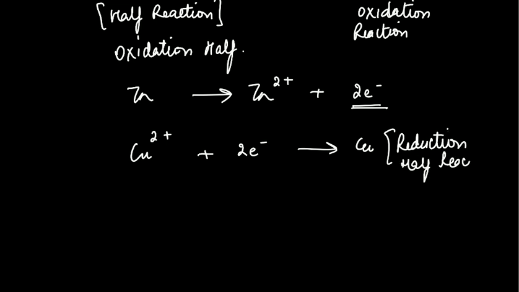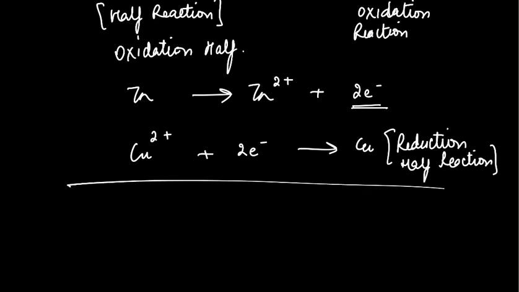Now what do we do with these half reactions? We just add them up. That's why I removed spectator ions. Anything the same on both sides, like 2 electrons on the left hand side and the same number of electrons on the right hand side, is going to be cancelled off.